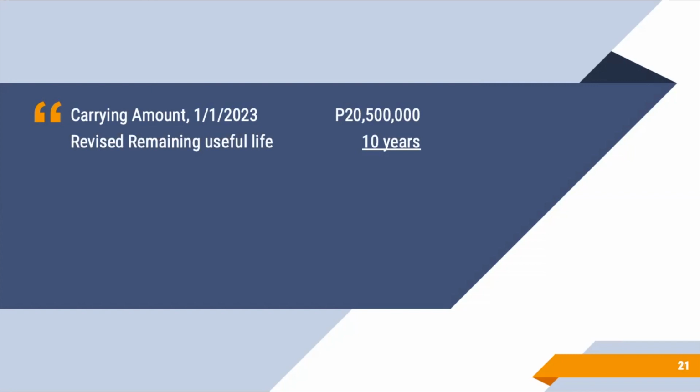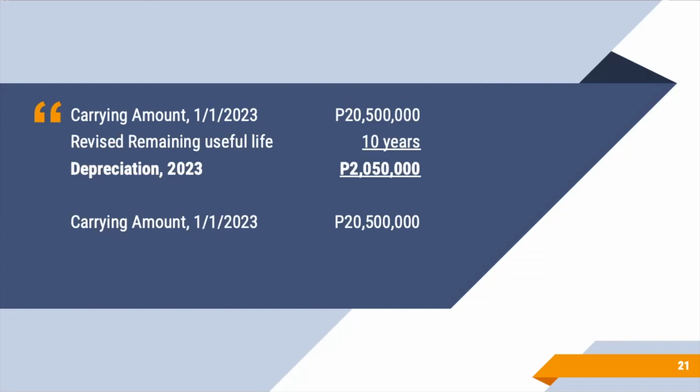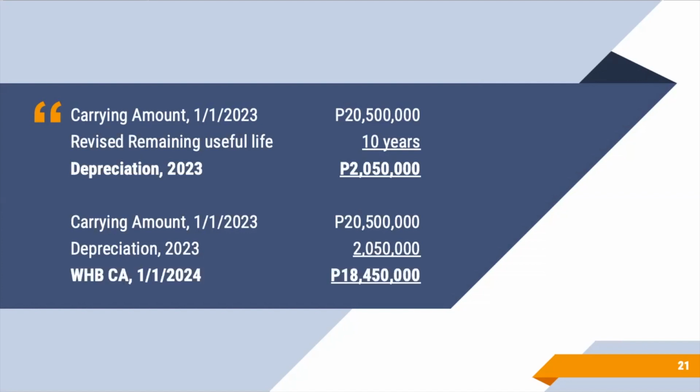Therefore, kung wala sanang impairment, yung depreciation sana for 2023 is 2,050,000 pesos. Therefore, 20,500,000 minus the depreciation of 2,050,000, ang carrying amount sana on January 1, 2024 is 18,450,000 pesos. Yan ang would have been carrying amount, carrying amount sana kung hindi nag-impair.